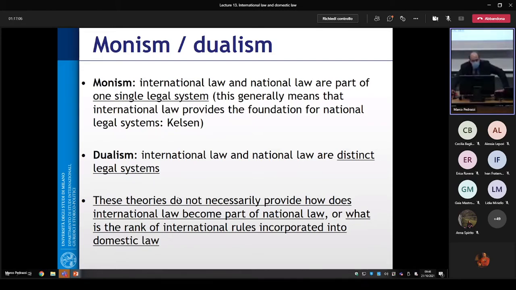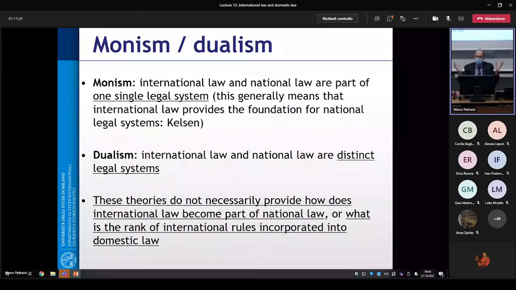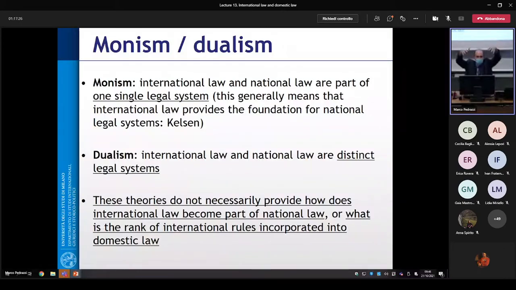Theoretically, we may say that monism would not require any implementation of the international legal rules into the national legal systems, because according to monism, one single legal system, international rules are by definition part of the national legal system, and by definition they prevail over the national legal system, as there is this hierarchy that I was mentioning.